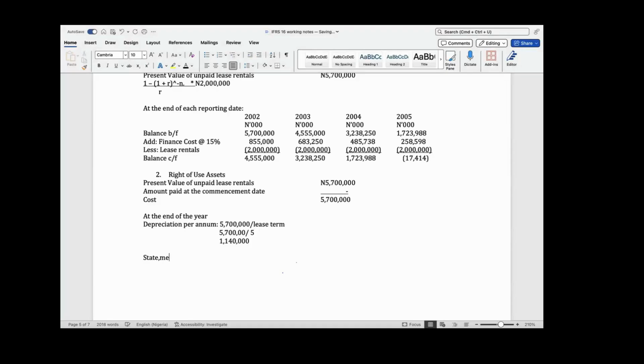Now let's prepare my statement of profit or loss for the years ended 2002, 2003, 2004, 2005, 2006. So what goes to my P&L? First, my finance cost goes to P&L as an expense.